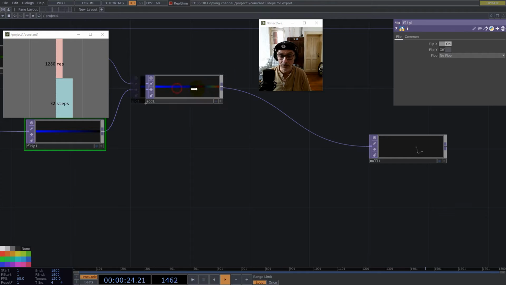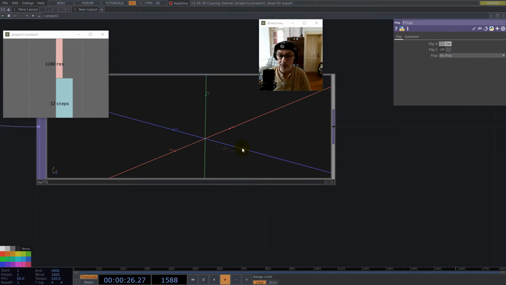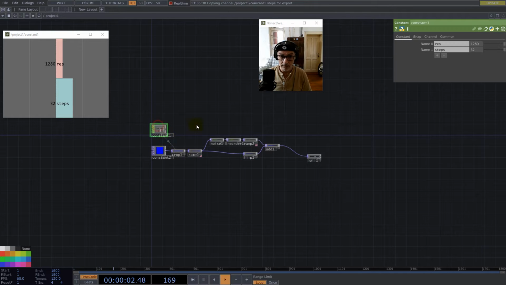Now I would like to add on those points some polygons. Okay, let's go on constant chop and define points being how many points the polygon will have. So if we go with 4, maybe it's a square. Okay, but yeah, let's go with 5.